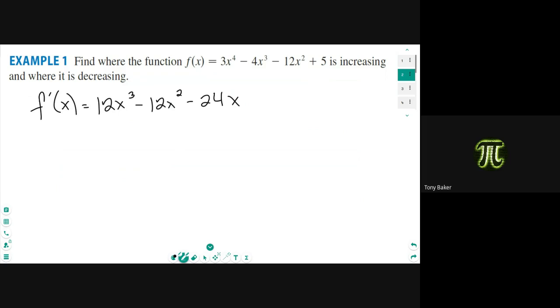This factor I talked about. Although 12 technically is not going to be the right answer, but you could have still factored it. Yes, it's after.